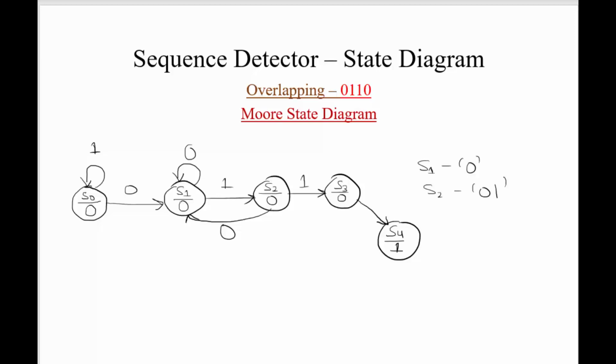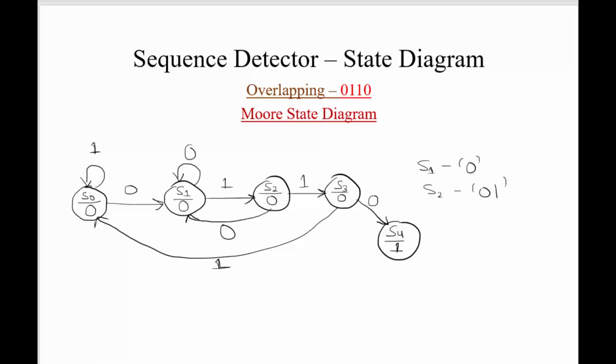This state is telling us that the desired sequence has been received when on S3 a 0 is received at the input. But on S3, if the input x is high, then of course our sequence becomes 0111, which is not part of our desired sequence and will break our sequence, and in this case we have to go to the reset state if a 1 arrives at S3.